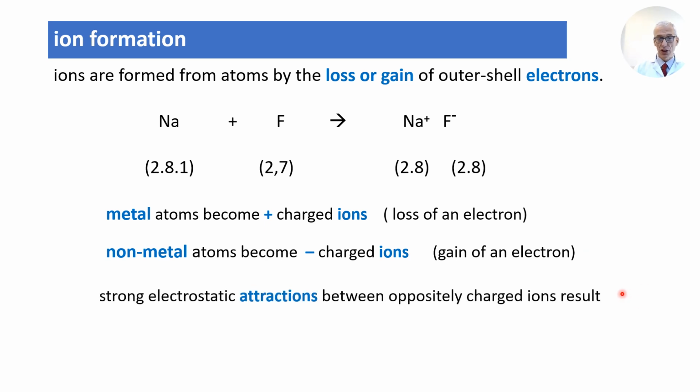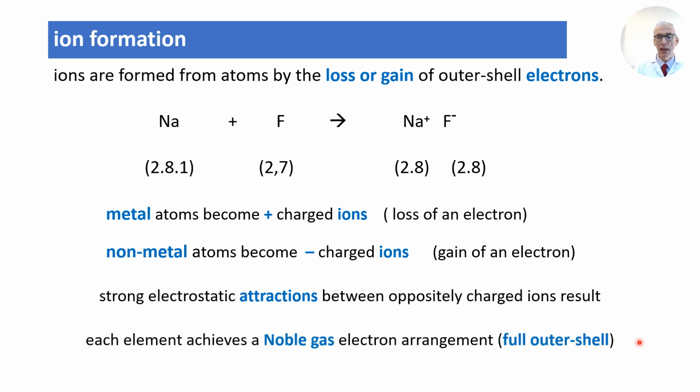Ionic bonding is the strong electrostatic attraction between the oppositely charged ions that result from this electron loss and gain. Electronically, each element achieves a noble gas electron structure. Sodium was 2,8,1, has become a sodium ion 2,8.